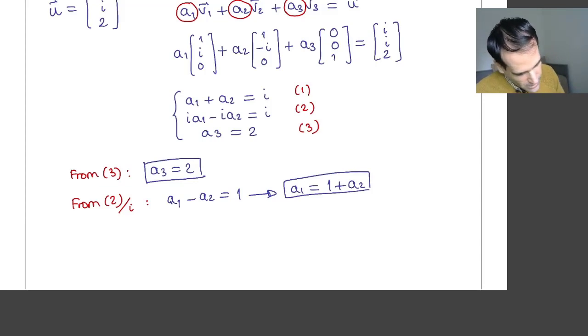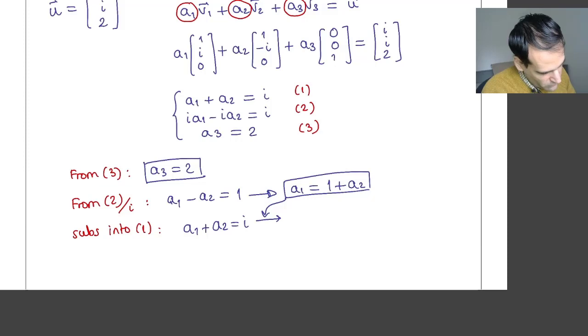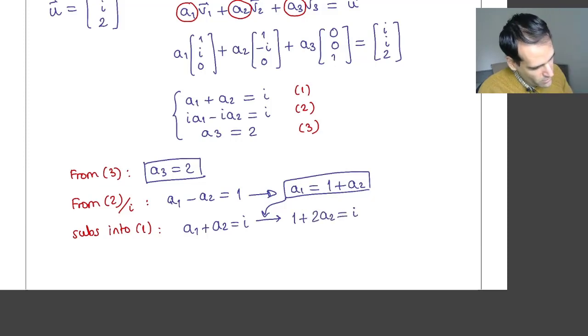Now we substitute that into 1. Equation 1 says that A1 plus A2 equals i. Substituting, we get 1 plus 2A2 equals i, which means that A2 equals (i minus 1) divided by 2.